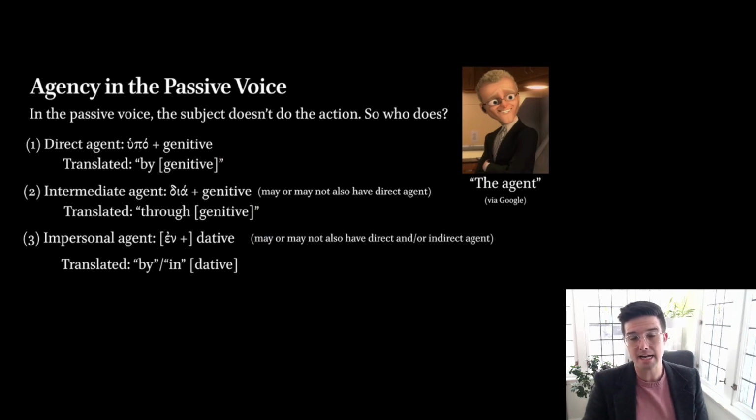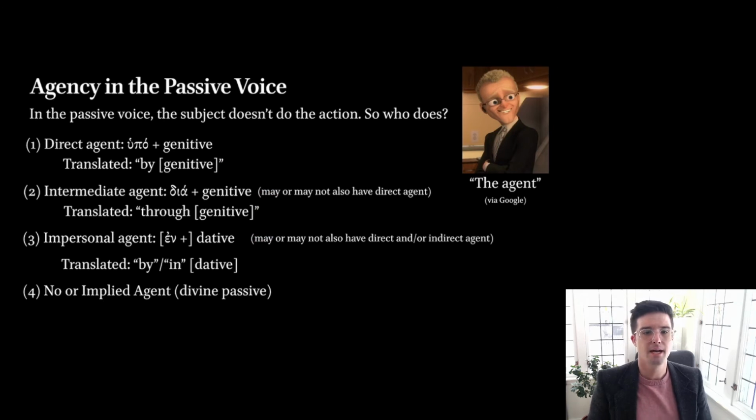And then the last option for a passive voice is that there's no one explicitly doing the action of the verb in the sentence. There is none of these, and in that case, the one doing the action of the verb is sometimes implied, and oftentimes, especially in the New Testament, it is implied to be God, that God is the one doing the action.